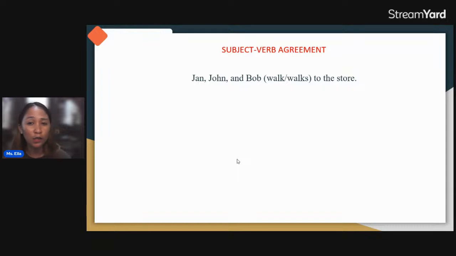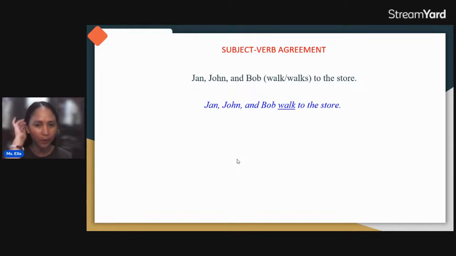Is it walk or walks? Anyone? Okay. So for this sentence, the correct verb to use is walk.